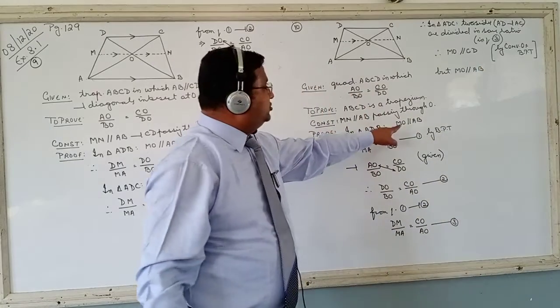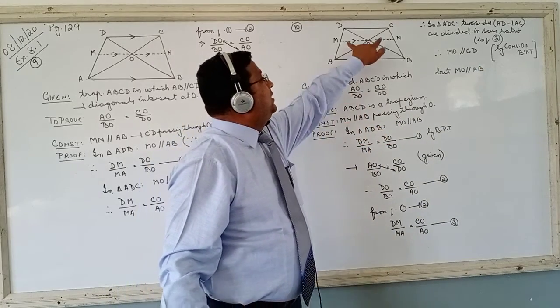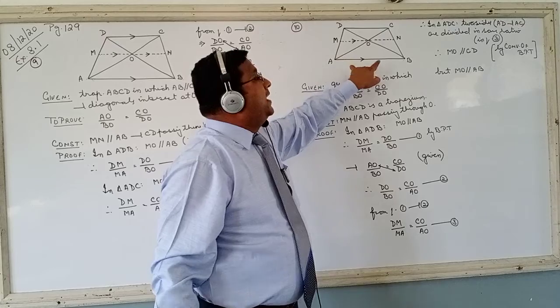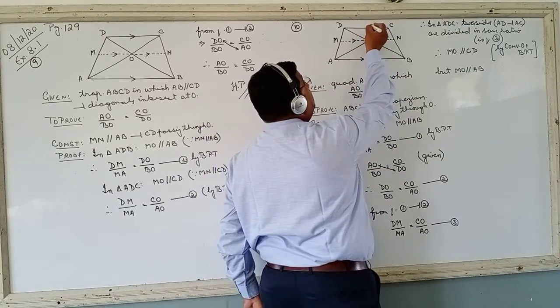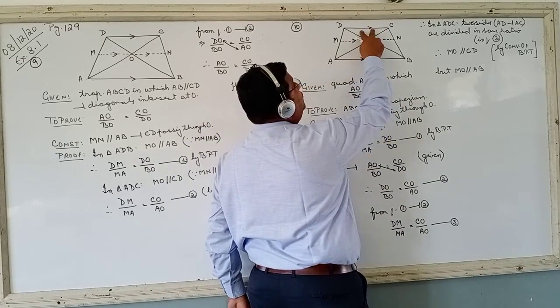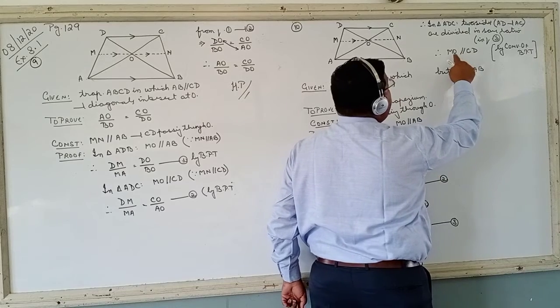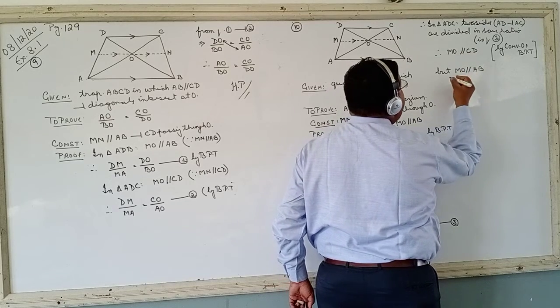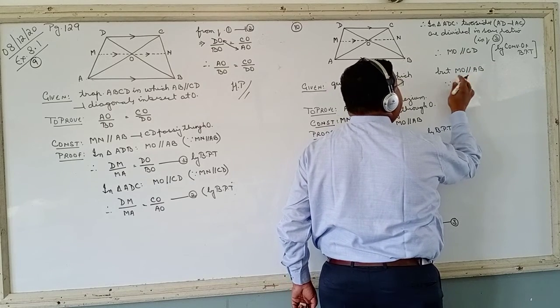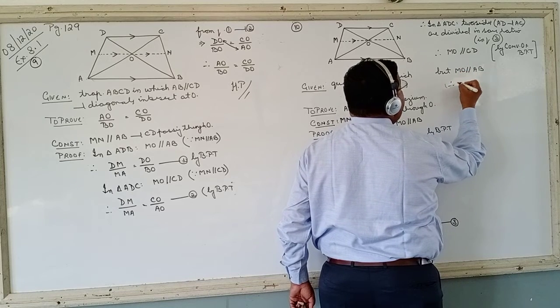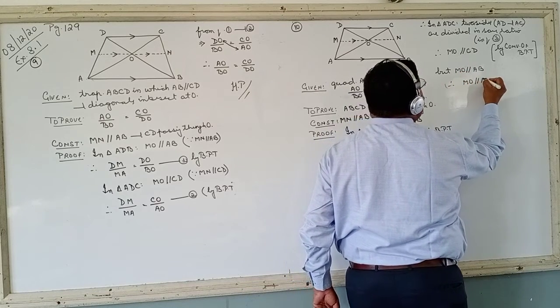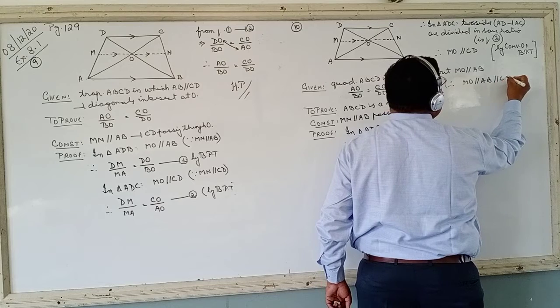But MO was parallel to AB. Yes or no? By construction, MN was parallel to AB, so MO was parallel to AB. But MO is also parallel to CD, proved above. So will AB be parallel to CD? Therefore, MO is parallel to AB, and MO is parallel to CD.